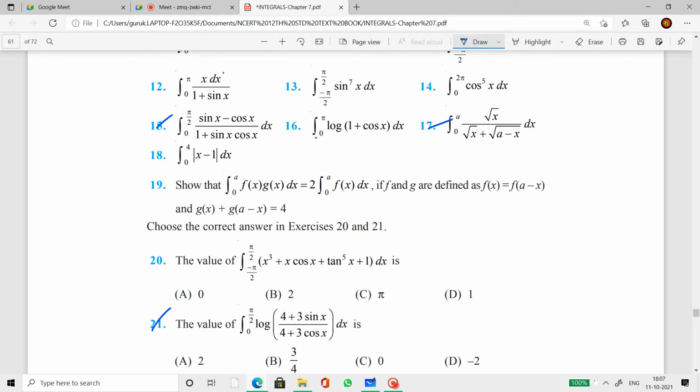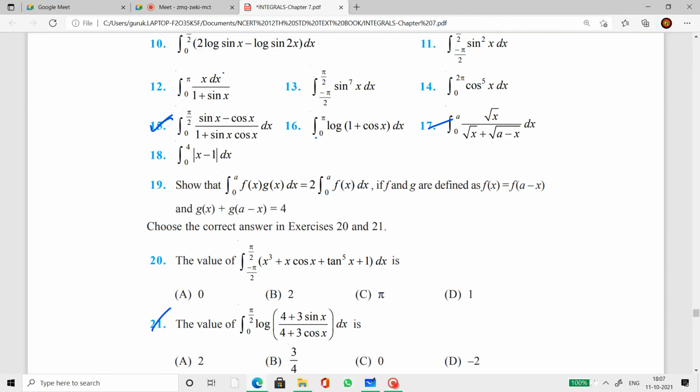by 15. Questions number 15 and 17 are of the same pattern as the previous one. Even here you use property 4, and after you get property 4 you have to add, because there is a denominator. So this is not like the previous one, it is just like the first, second, third sums. You have to add the terms I plus I to get 2I.